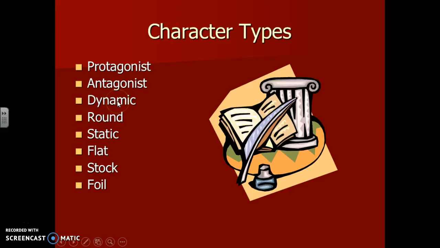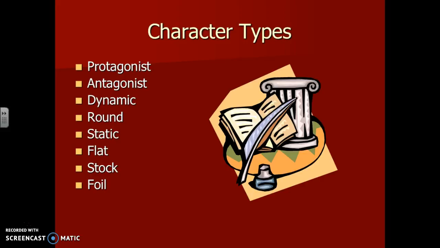So dynamic is a character that starts out one way, and you see a progression through the character. You see the character change, you see them grow. Usually your dynamic characters have that epiphanal moment. They're usually your protagonist and they go in that cycle of that conflict, causing them to grow in some action.